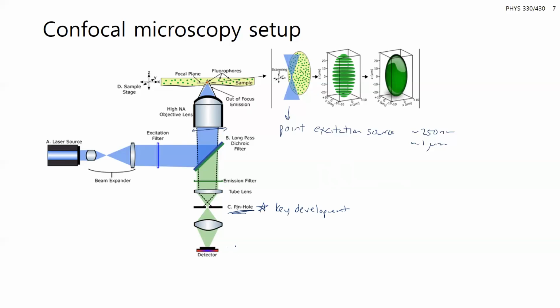And then the detector here is typically a 1D detector. It's not going to be a camera that collects an entire image. It's just going to be intensity versus time here, where usually these are APDs, or avalanche photodiodes. So these are very sensitive to detecting individual photons.